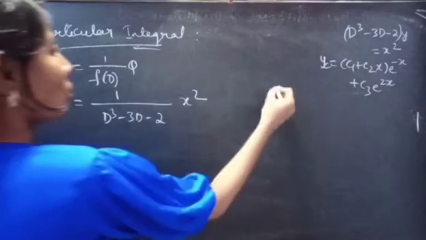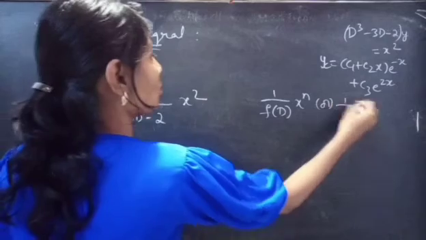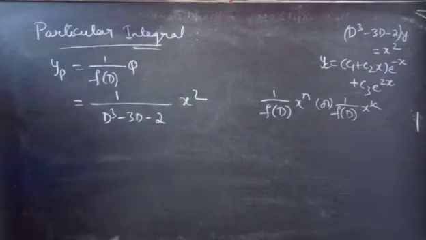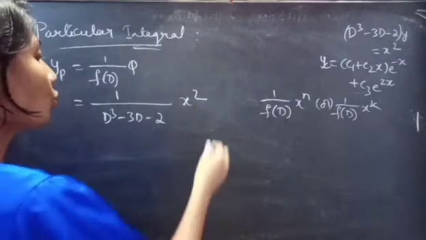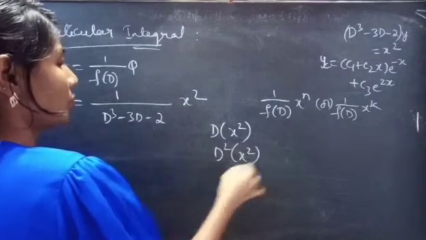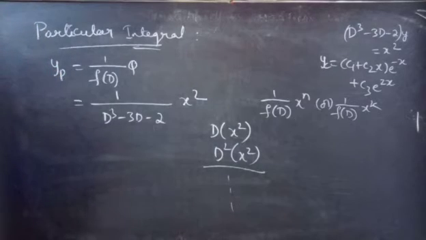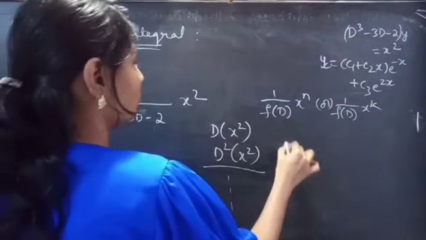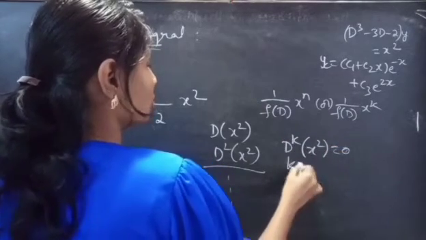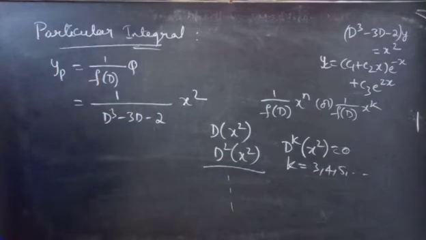So this is of the form 1 by f of d into x to the power n, or 1 by f of d into x to the power k form, right? Since we are having n equals to 2, we'll get derivatives of q till d square, and all higher derivatives of q are 0, right? Just nothing but d power k of x square is 0 for k equals to 3, 4, 5 and so on, right? We'll show you in detail.